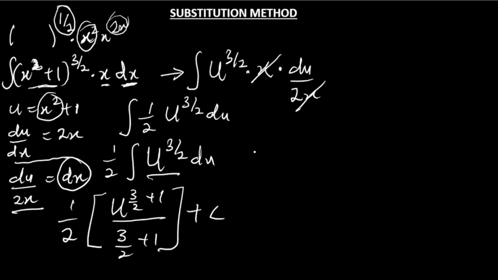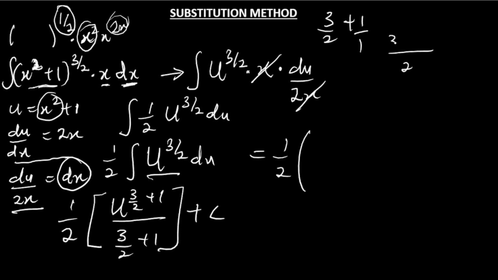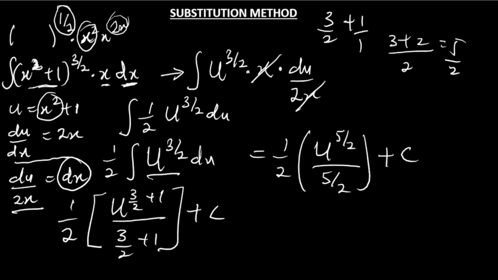Looking at this, we will have 1 over 2 into the bracket of u raised to 3 over 2 plus 1. The LCM gives 3 plus 2, that is 5 over 2. That is u raised to the power of 5 over 2 divided by 5 over 2, plus c.